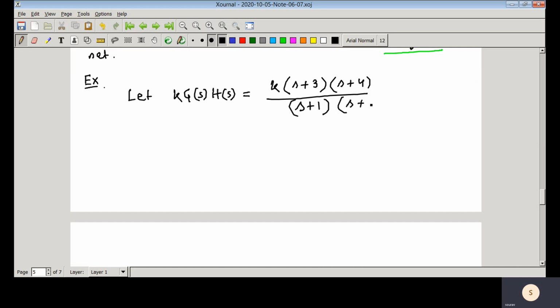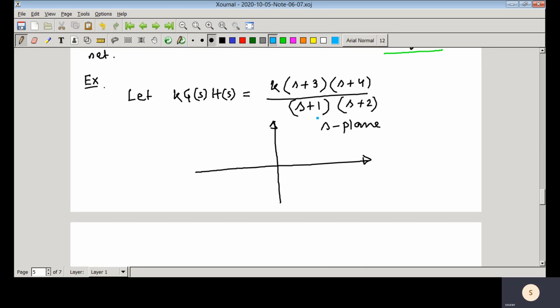So then if we get that pole zero map, what would we get? Let us see. In the pole zero map, this is the S plane, and two poles are there.